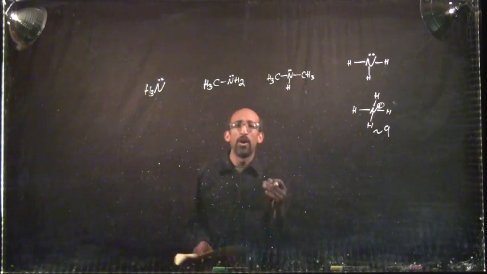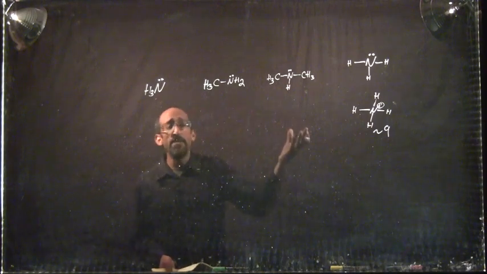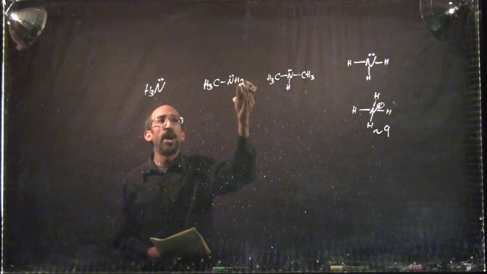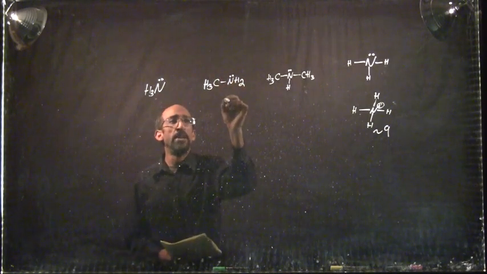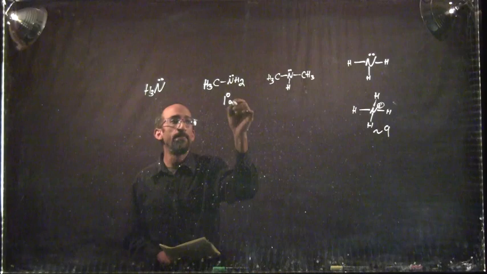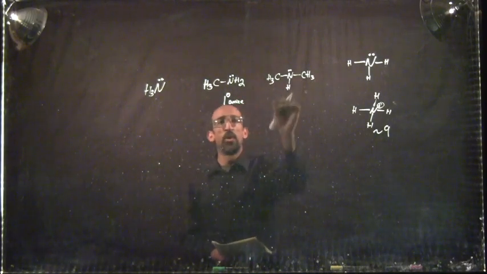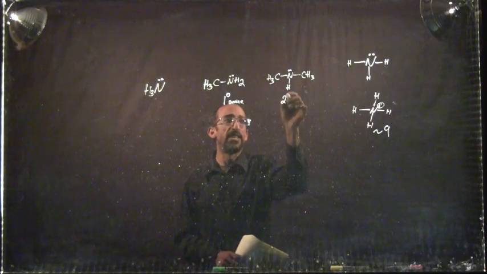Before I move further, I want to introduce a new way to describe these molecules, right? A nitrogen that has 2 hydrogens and 1 alkyl group is known as a primary amine. A nitrogen that has 2 alkyl groups and 1 hydrogen is known as a secondary amine.